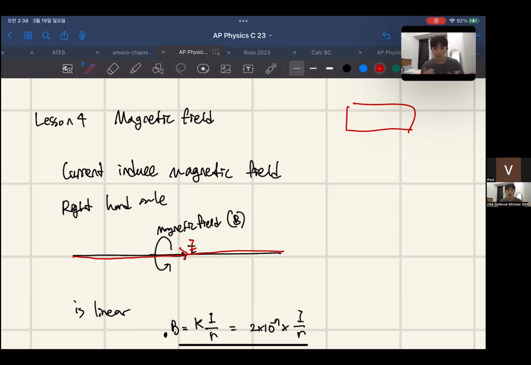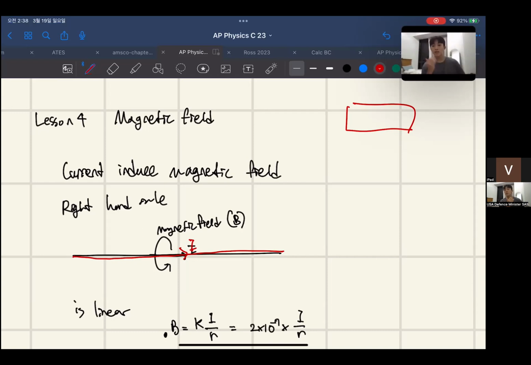Now, if you ask me why the magnetic field is formed in this direction and why it is formed in the first place, I do not know. I'm not going to explain it here. I'm just going to tell you that if you have a current flowing, around that current circularly, you will have the magnetic field form. That direction can be either clockwise or counterclockwise, and it is decided by the right-hand rule.